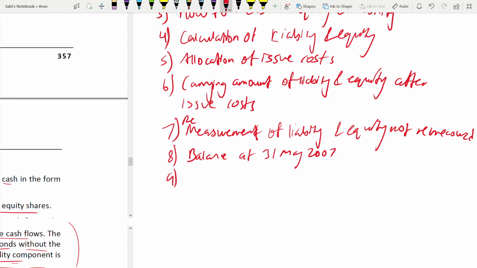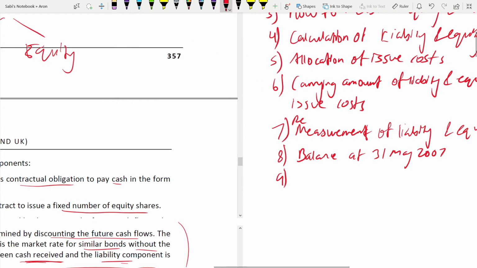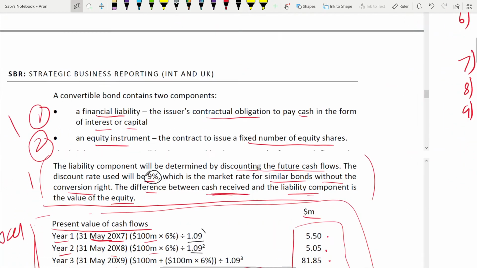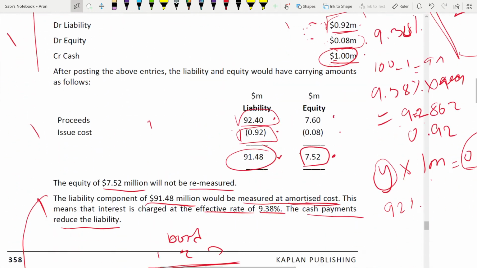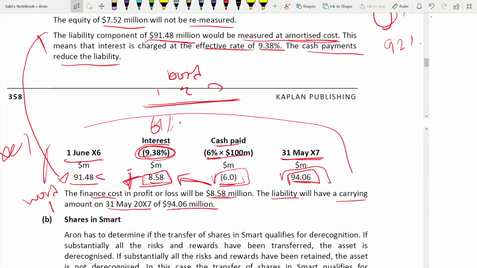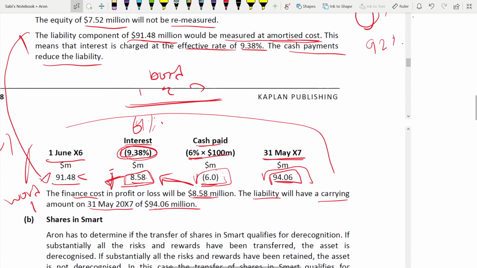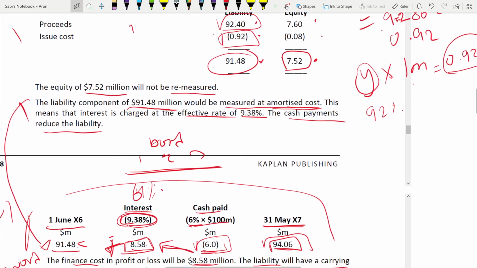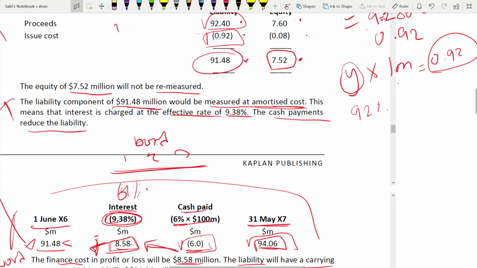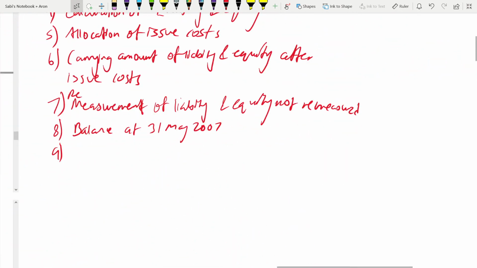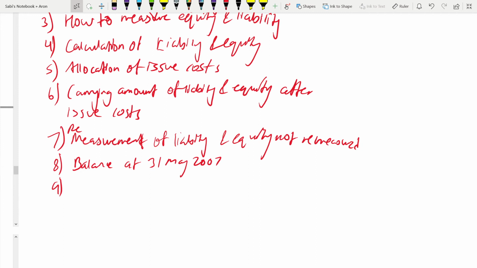And finally the 9th mark, the carrying amount on 31st May. Sorry, you can say it will be amortized cost also. Remeasurement at amortized cost. To find that amortized cost, you will get marks.